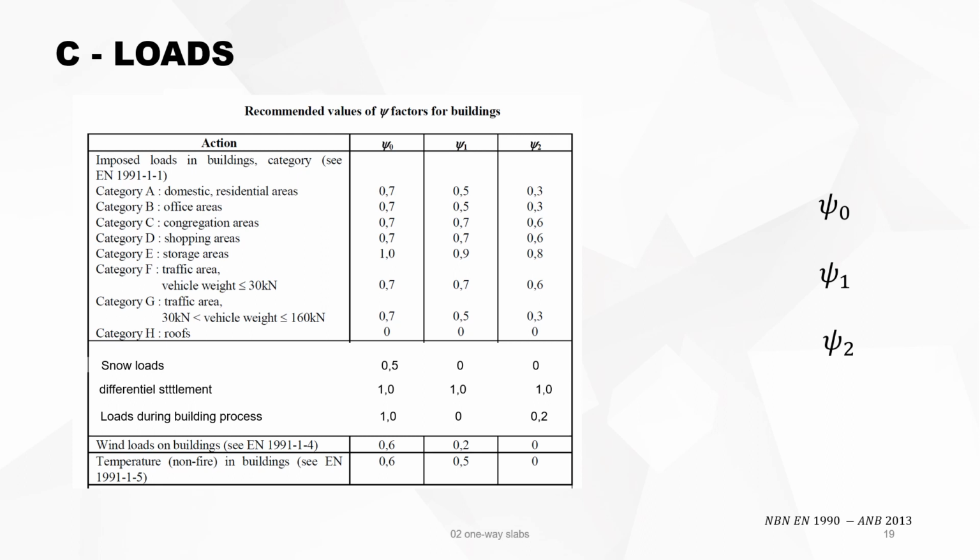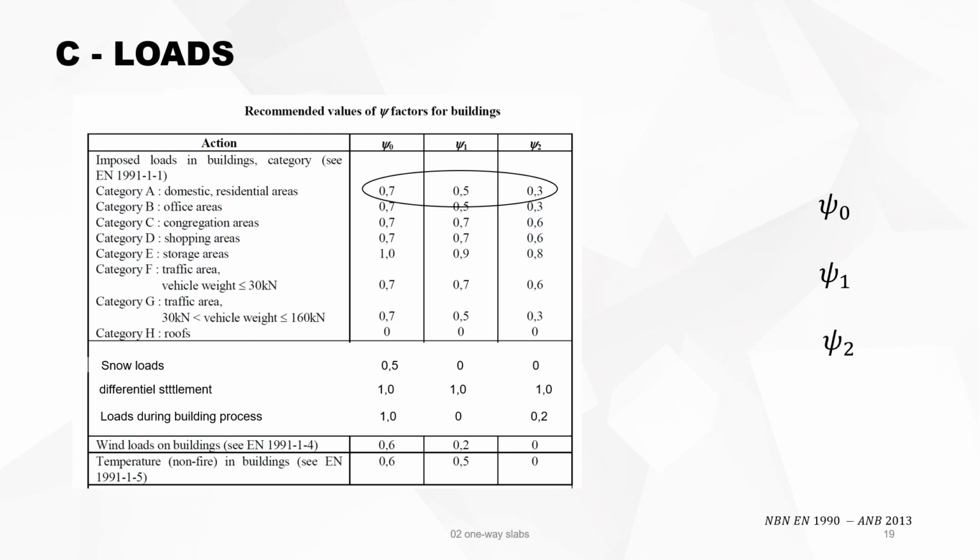All those factors, Psi0, Psi1, and Psi2, are tabled in Eurocode 0, sorry. And then you see again, depending on the category of load that we have just seen, we have those different factors, Psi0, 1, and 2.